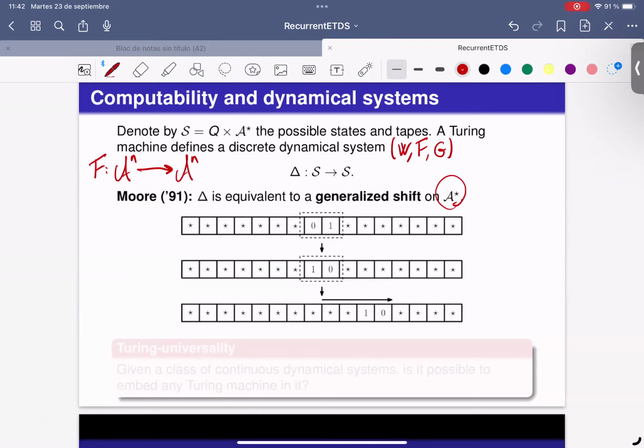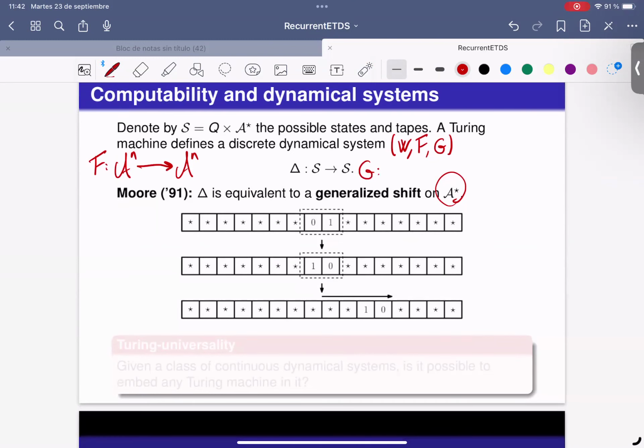And G is a function from A^W that reads the same symbols and gives you an integer number, the amount of shifting. With these three pieces of information, you get the generalized shift. Okay, very nice.